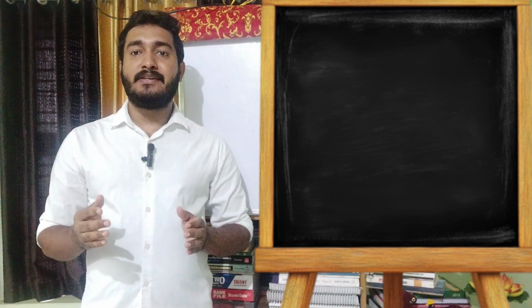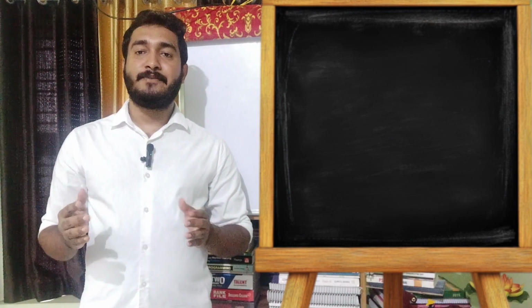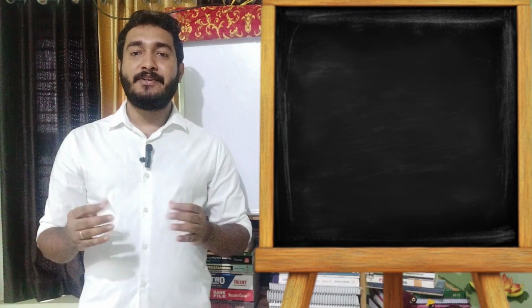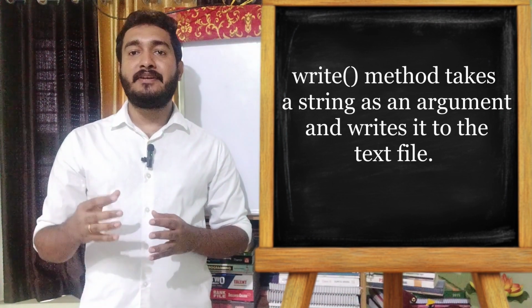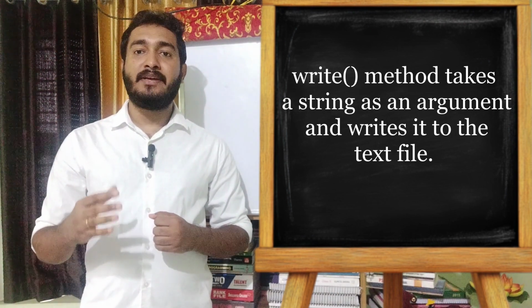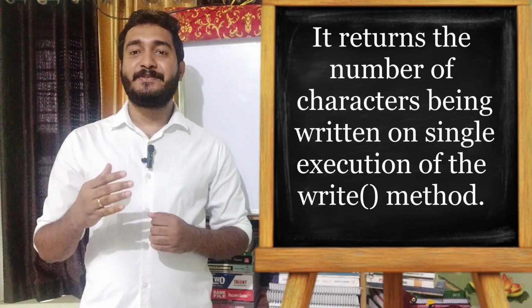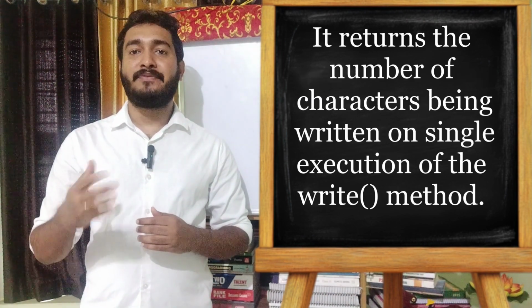We already learned the write method in the last class. Why are we using the write method? We use it to write a string onto the file. The write method accepts a string as an argument, and that content will be written onto the file. The write method returns the number of characters written onto the file.